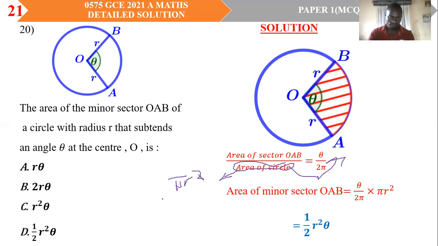We know since primary school that area of a circle is pi r squared. That is why we have theta over 2 pi times pi r squared. Pi cancels pi. We are left with theta r squared in the numerator. The denominator we're left with 2, which can be expressed as half r squared theta. Answer G.